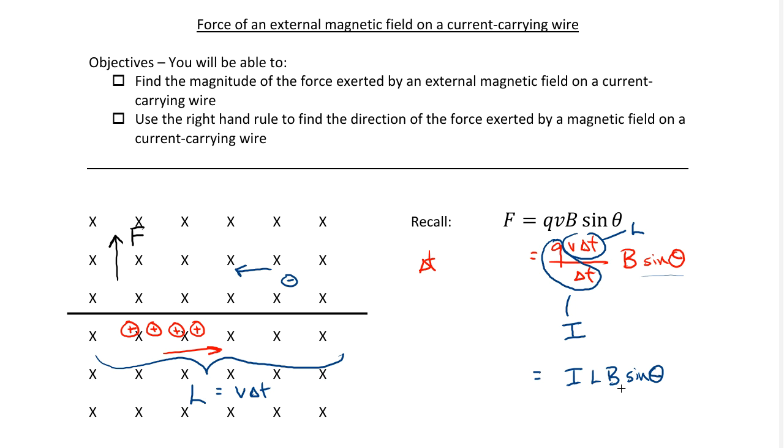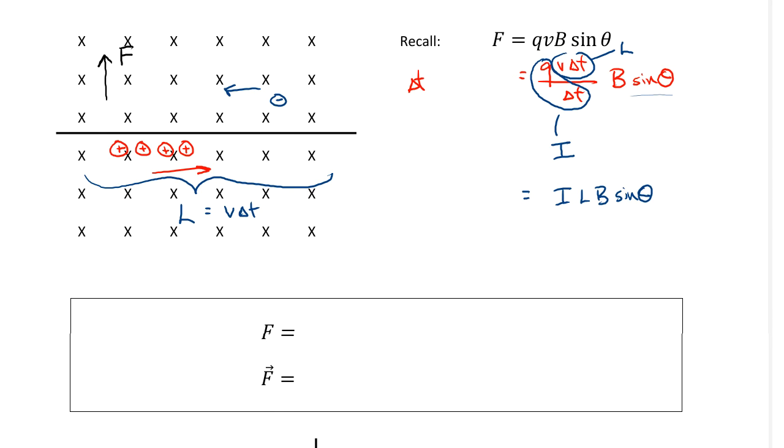And this is our new equation for the magnitude of the force on a current-carrying wire in an external magnetic field. For the direction, we just apply the right-hand rule like we did before. Instead of pointing our fingers in the direction of the particle's velocity, we just point our fingers in the direction of the current. So to summarize, the magnitude of the force on a current-carrying wire in an external magnetic field is equal to the current times the length of the wire that's in the field.